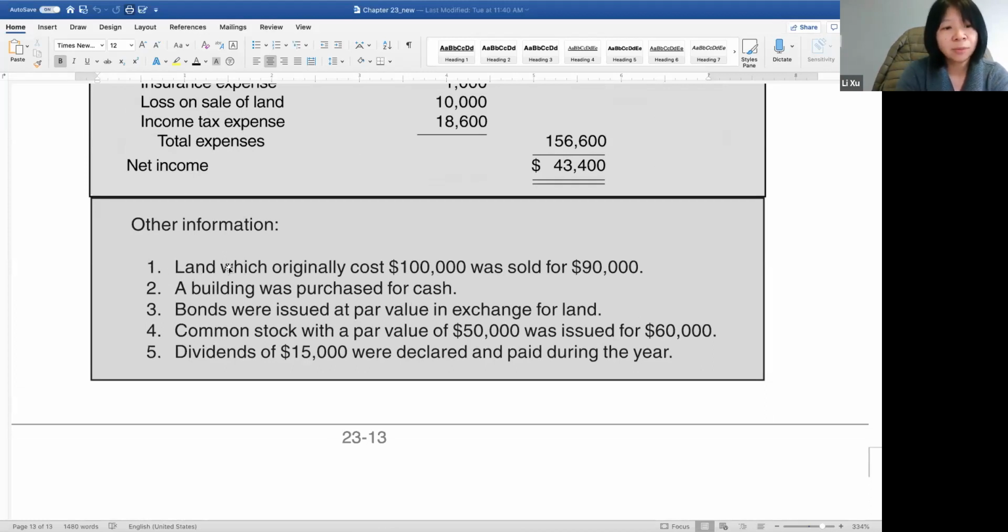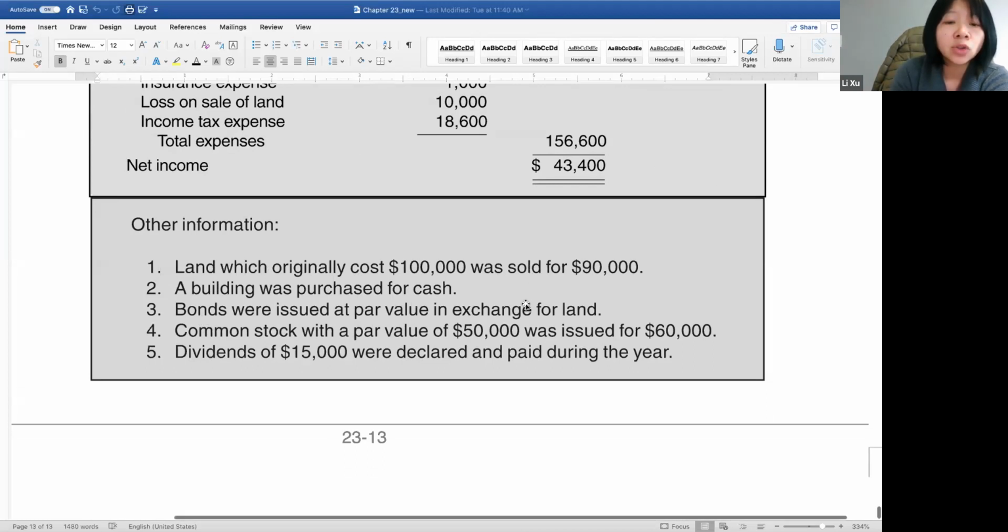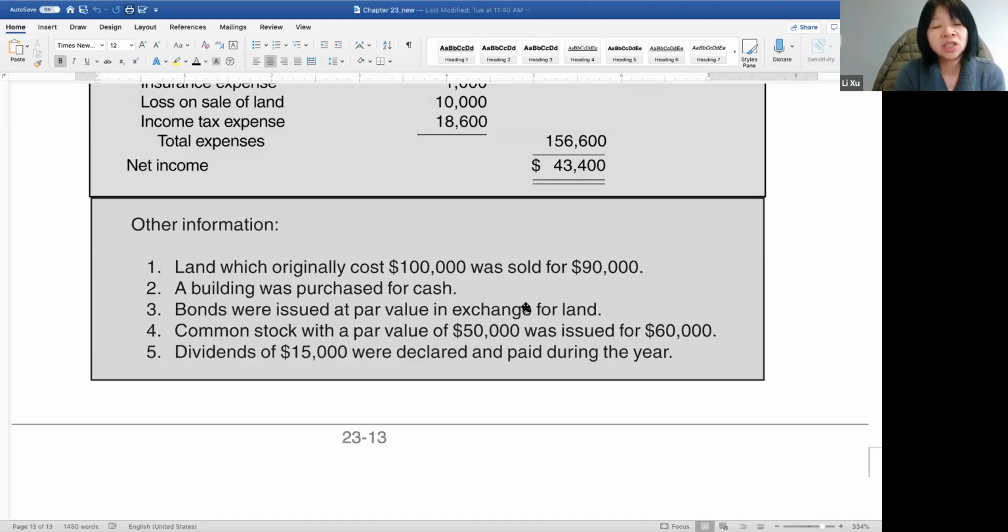The first one is number one, right? You cost 100, you sold for 90. The second one is here, you have this bond issued at par in exchange for land. So these two transactions lead to the changes in this land account.